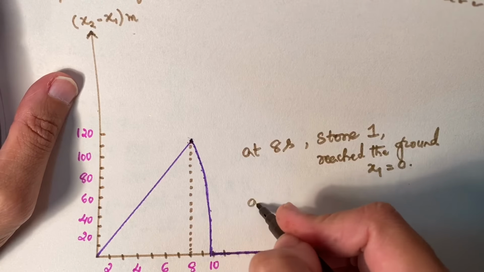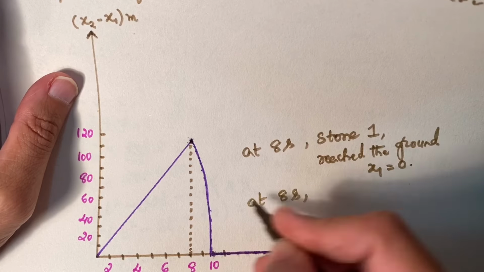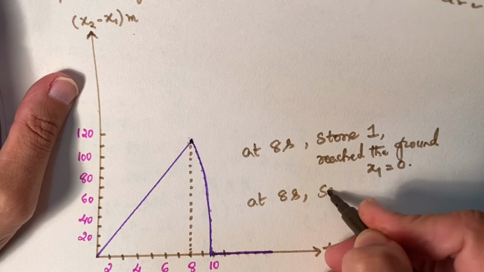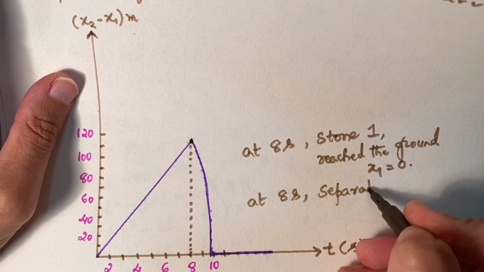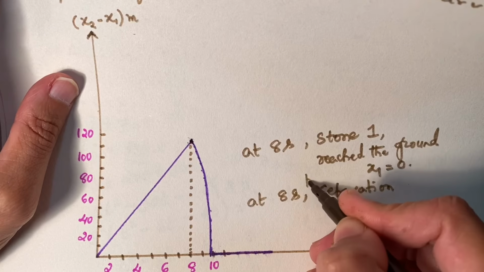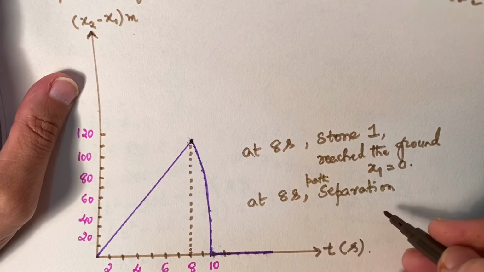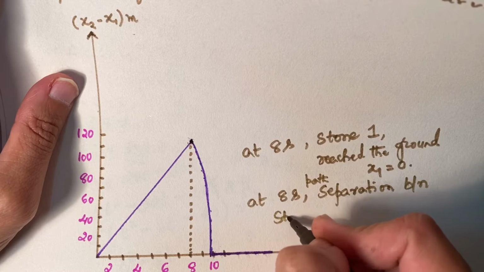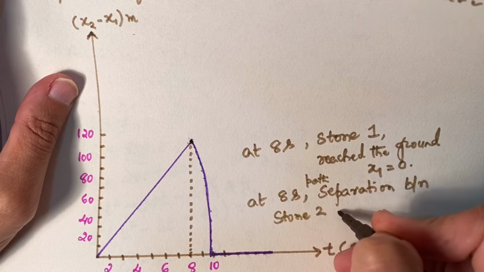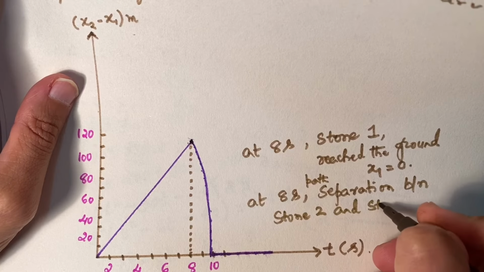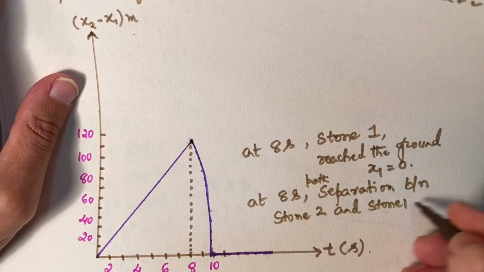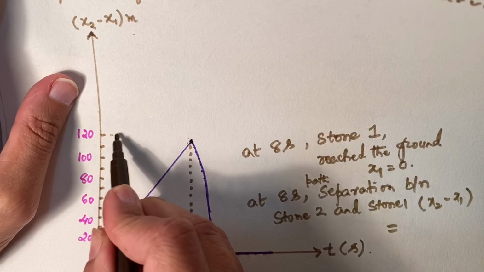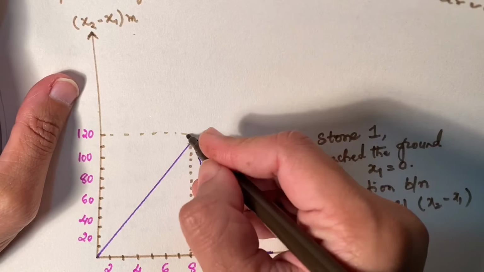Whereas at 8 seconds, stone 2 was still in motion, and the separation between stone 1 and stone 2 at 8 seconds, we better call it the path separation or the distance of separation between stone 1 and stone 2, which is x2 minus x1, was equal to how much? 120 meters, right?